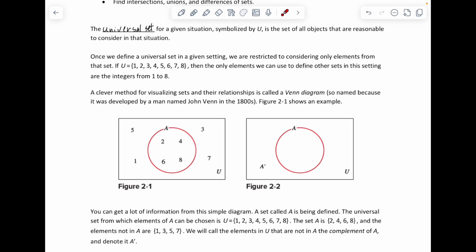To indicate that the set A is a set that does contain some of the values from the universal set, right?